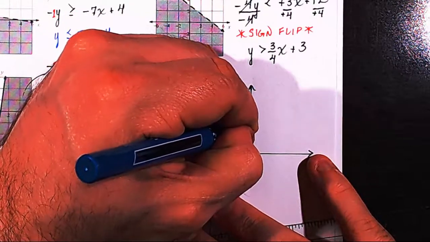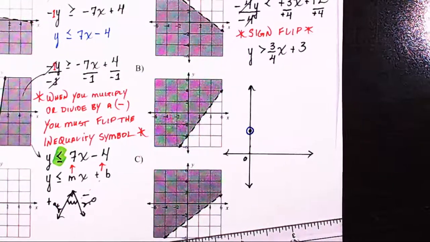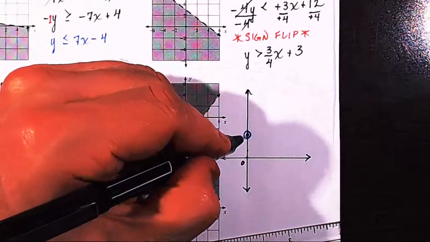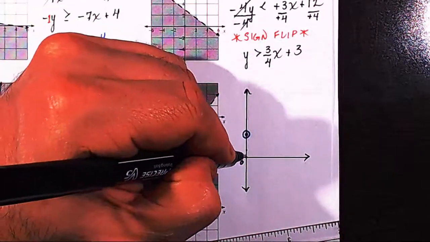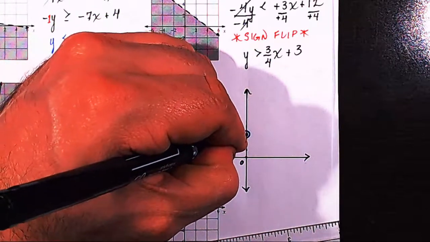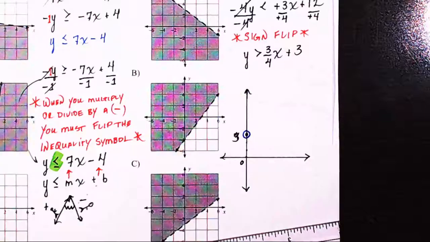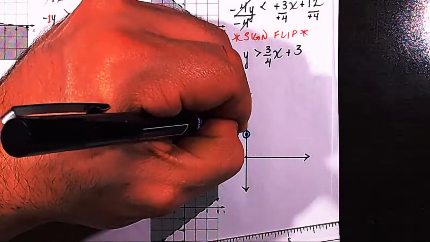So I'm going to put an open circle around that point, so I know not to include it. But while I'm graphing, I need to mark it out somehow. So now we're at a y-intercept of 3. The y-intercept is 3. Okay, right there.